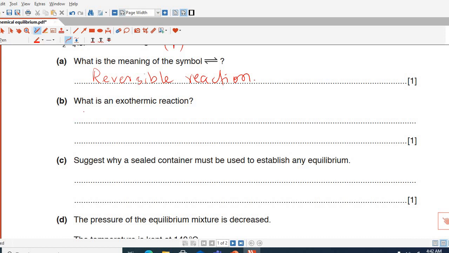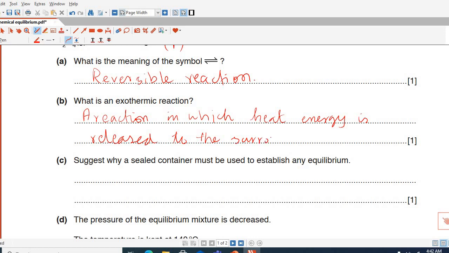What you have to write: a reaction in which heat energy is released to the surroundings, right? This is the definition related to the exothermic reaction.